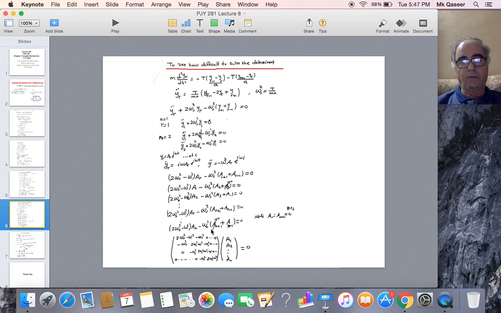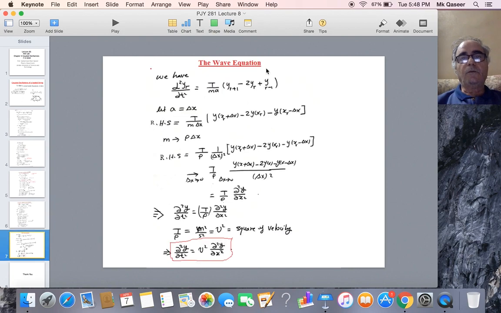A sub n plus 1 is 0 because the right end is fixed. Now put these equations in matrix form. This is the vector A1, A2, up to An, which represents the vertical displacement, and this is the coefficients. Now this determinant is very hard to solve.